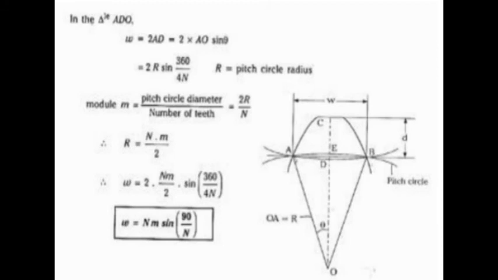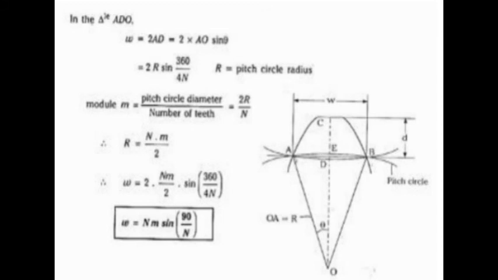Now also from this geometry, here we have D, chordal addendum, equal to OC minus OD. So the chordal depth equal to OC minus OD, and then we can derive the equation for small d by using this relationship. So D, that is chordal depth or chordal addendum, equal to nm by 2 into 1 plus 2 by n minus cos of 90 by n, where m is the module and n is the number of teeth.